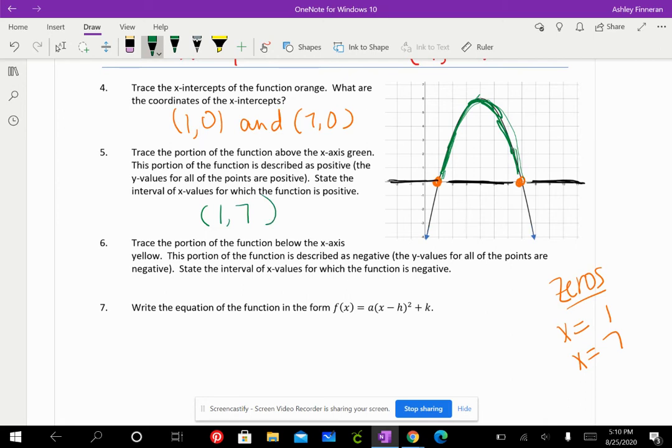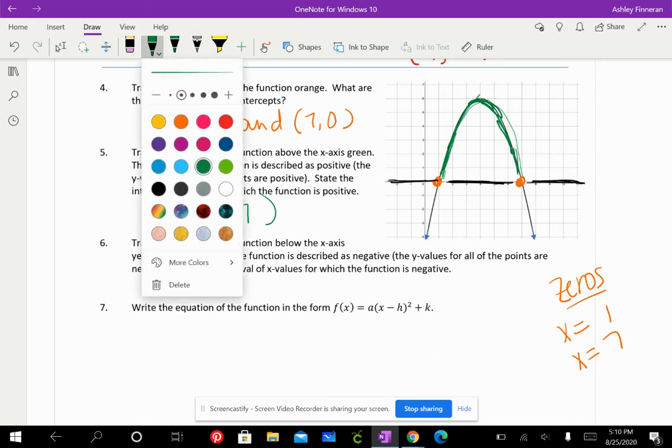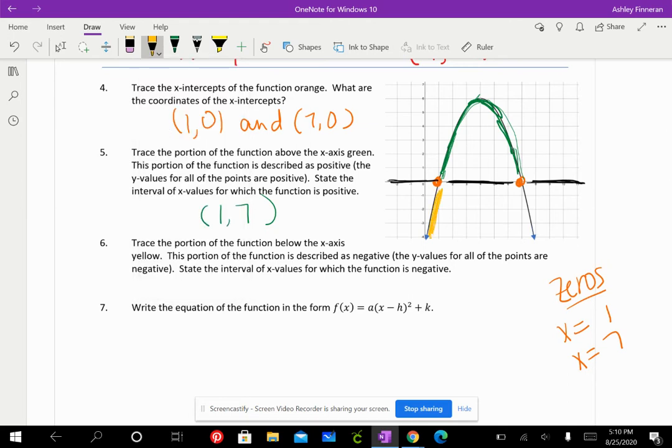Then it says to trace the portion of the function below the x-axis yellow. So I'm going to switch to yellow. And below the x-axis, I actually have two portions. Remember, this side of the x-axis is negative infinity and this side is infinity.